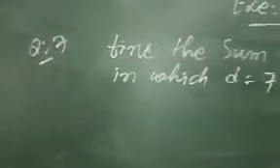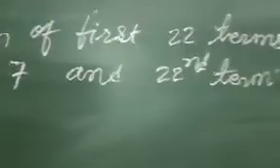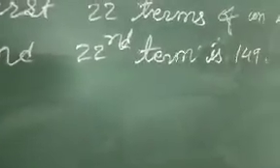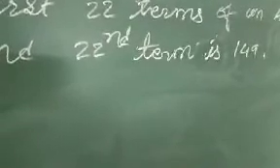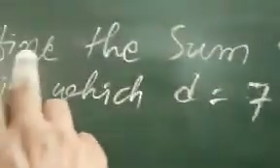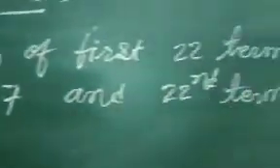Now we learn question 7, and it is: find the sum of first 22 terms of an AP in which d is equal to 7 and the 22nd term is 149. Here the 22nd term is given as 149, and we find the sum of first 22 terms.